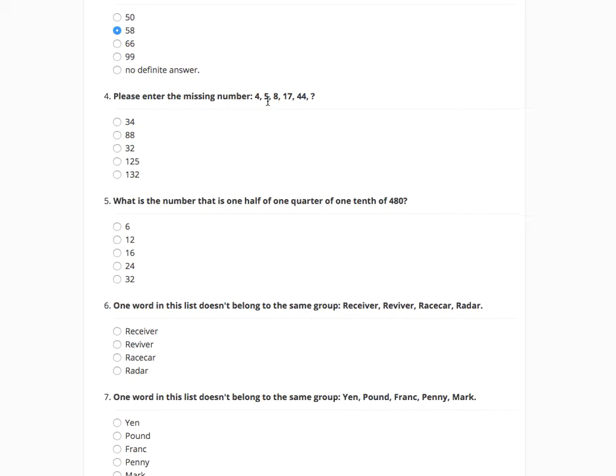What is the pattern here? 4, 5, 8, 17, 44. 4 plus 1, 5. 5 plus 3, 8. 8 plus 9. 1 plus 3. 1 plus 2 is 3.